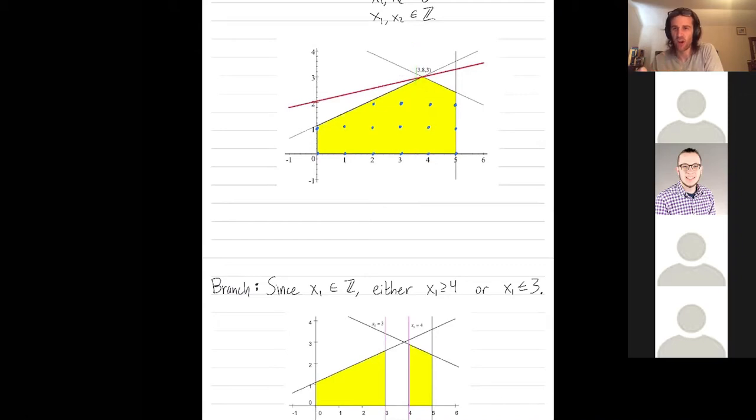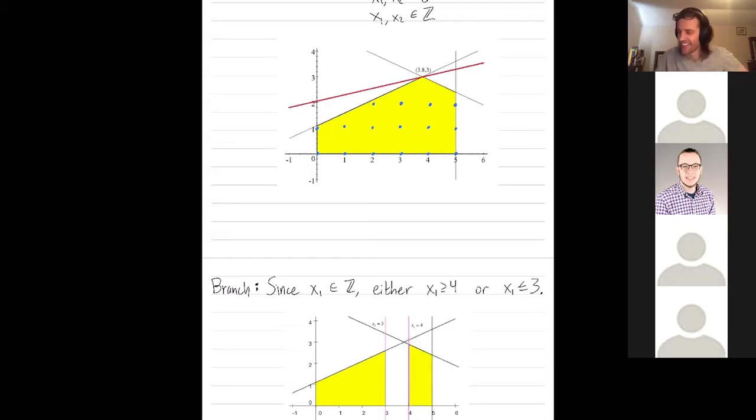Indeed, if I require integer solutions, I could instead just look at all integer solutions greater than or equal to 4 or less than or equal to 3. You see that? So the nice observation is that when you subdivide, you can subdivide with extra width. And you want to use that extra width so that when you consider smaller linear relaxations, you're more likely to end up at an integer solution.